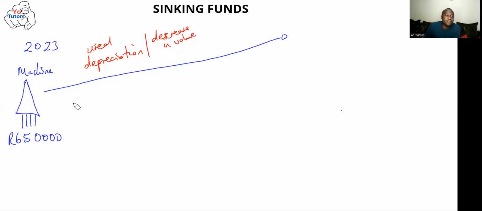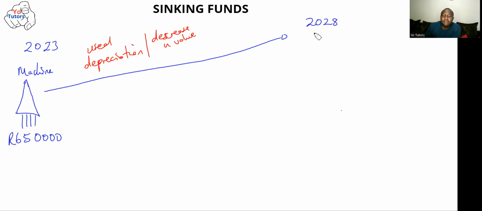Now, if we look after 5 years, this will be 2028, the value of the machine will be less than the 650,000.